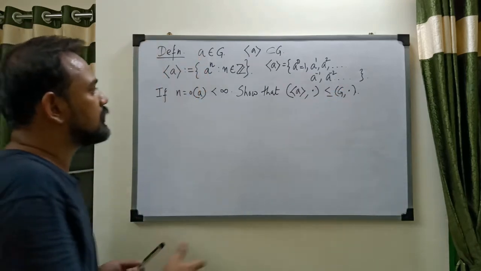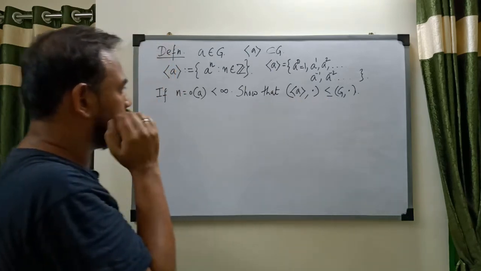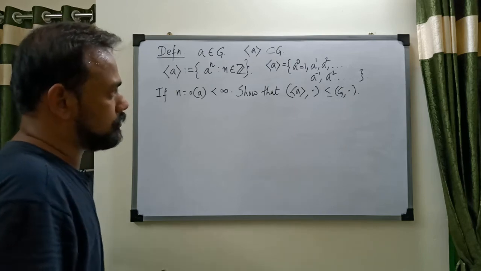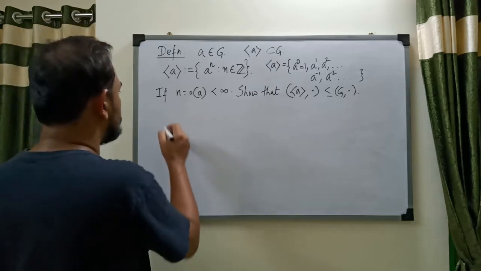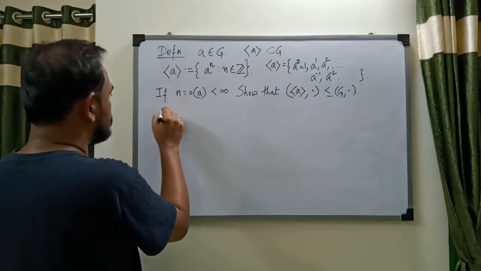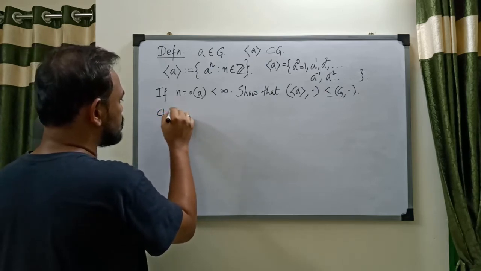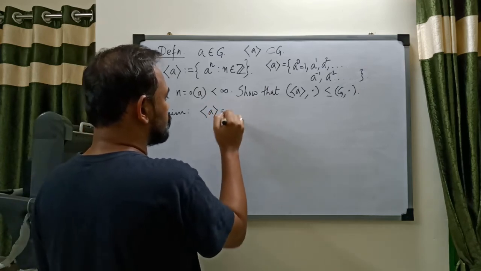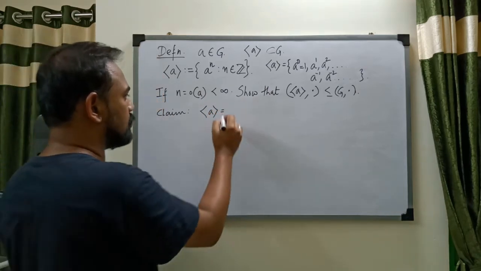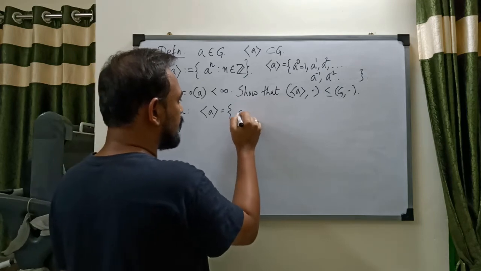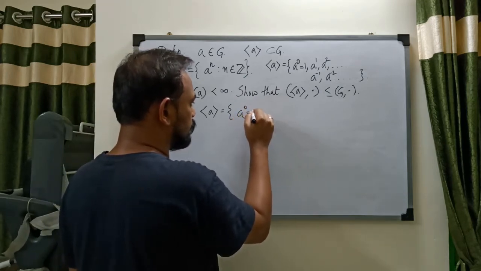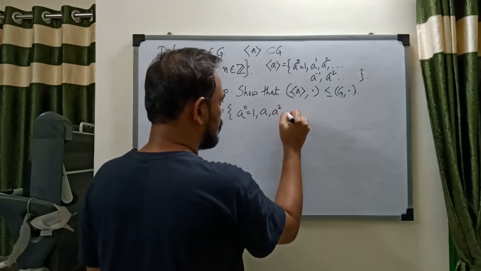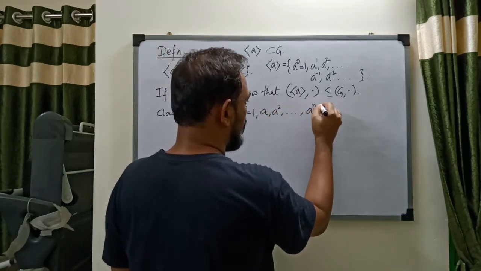I'll come to the definition of it. I just want to show this. It's a very easy proof, but it's a very important one. So, as I said, I claim that in this subset, the only possible elements are these: a to the 0, which is of course 1, a squared, up to a to the n minus 1.